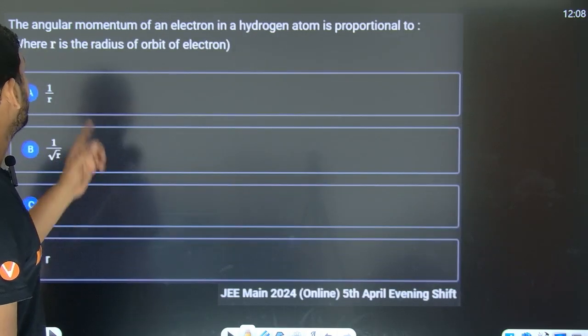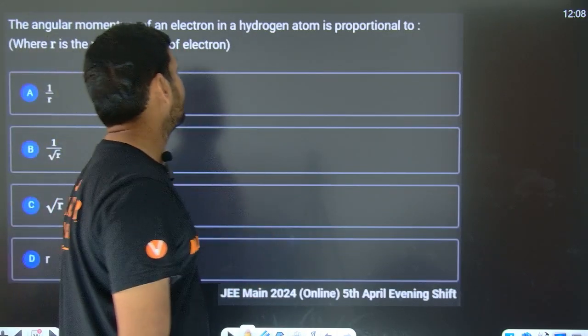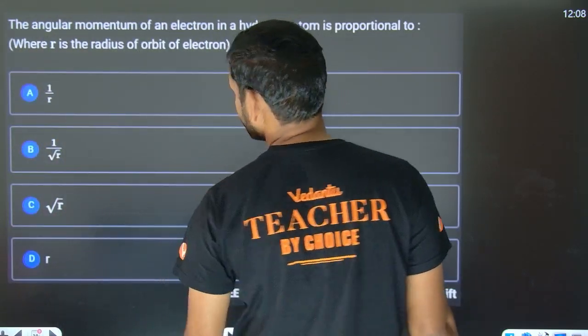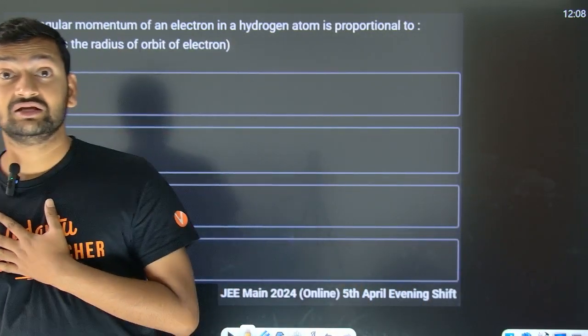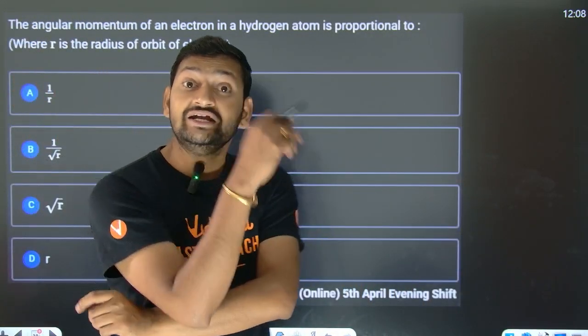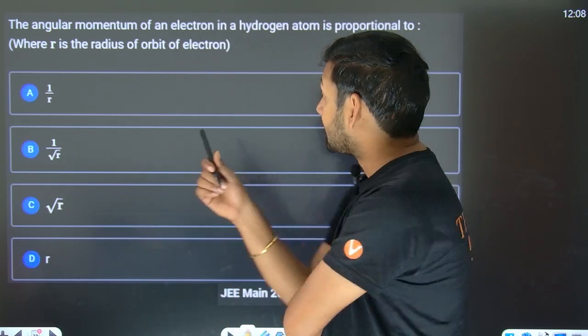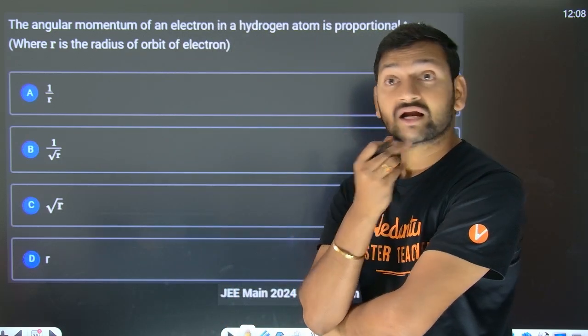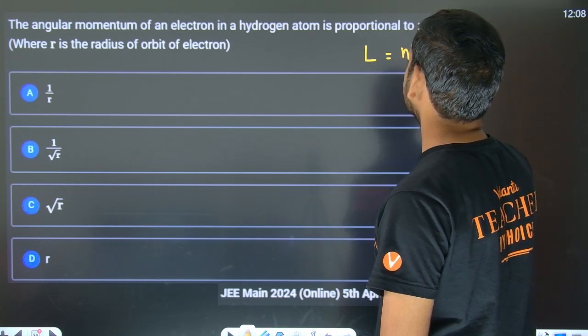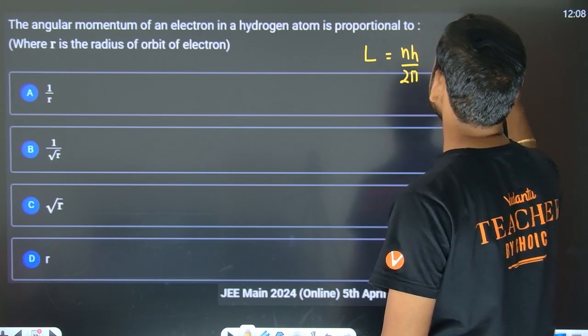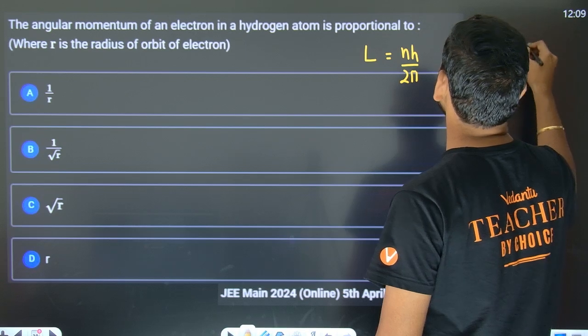Angular momentum of an electron in a hydrogen atom is proportional to? See, we know angular momentum is nh by 2 pi, but they didn't give it in terms of n. They are comparing it in terms of r. I know angular momentum to be nh by 2 pi. And I also know that radius is proportional to n square.